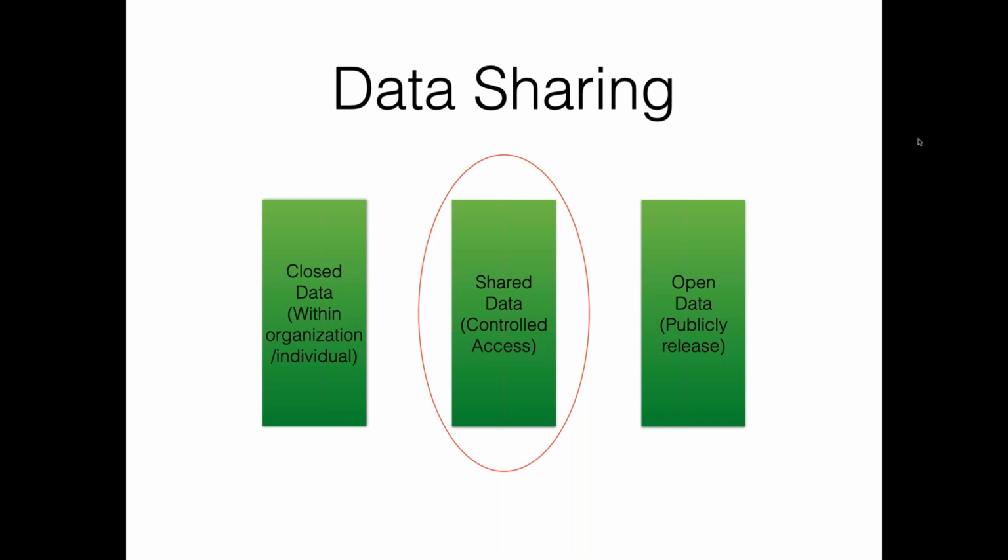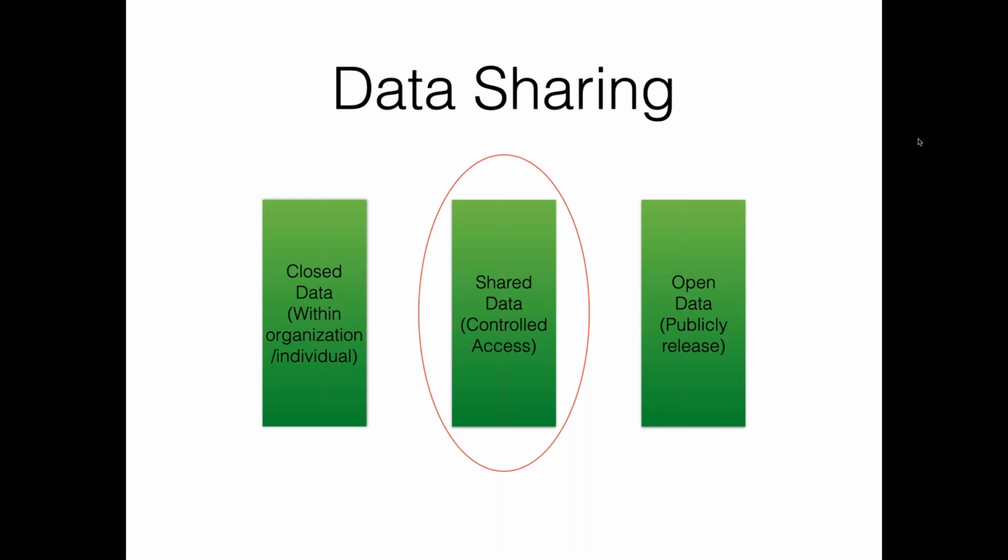And on the other hand, when we talk of the publicly released data or open data, we need to ensure that when the data is shared, we know what data is being shared, and whether certain anonymization is already there in this open data.